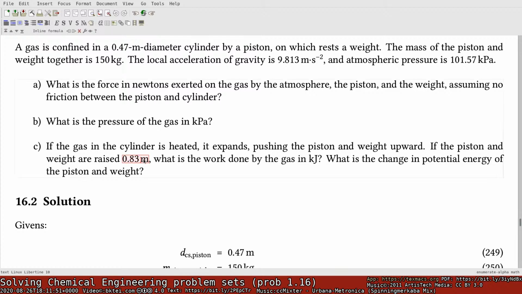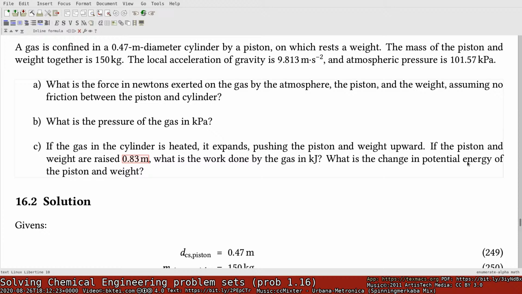So a gas being heated and being raised, yes, that is work because we have a force acting across a distance. The force in question is the force across the piston. That force is the total force we calculated earlier. And so the work is just that force times the distance of how much it was raised, 0.83 meters.